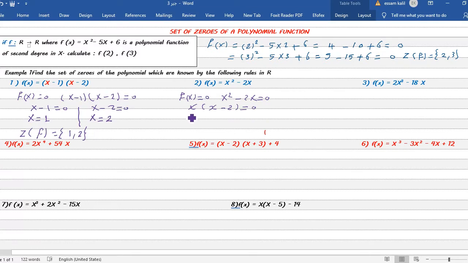If 2 brackets equal 0, يبقى then the first equal 0 and the second equal 0. يبقى then the x equal 0 and x minus 2 equal 0. يبقى what is the value of x? يبقى x equal 0 and the x move يتحرك دي another side 2 يبقى become x equal what? Equal 2.